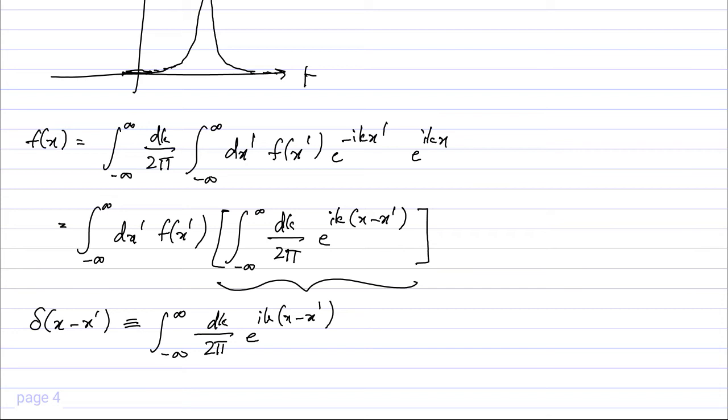But with this definition, let's plug it back into the Fourier integral theorem. I have the integral from minus infinity to infinity of dx prime f of x prime delta of x minus x prime. The left hand side is just the value of the function at point x. The right hand side is the integration over all values of x prime multiplied by the delta function.